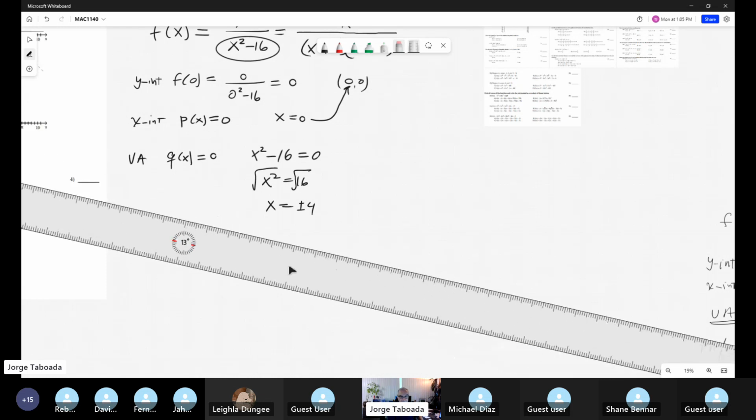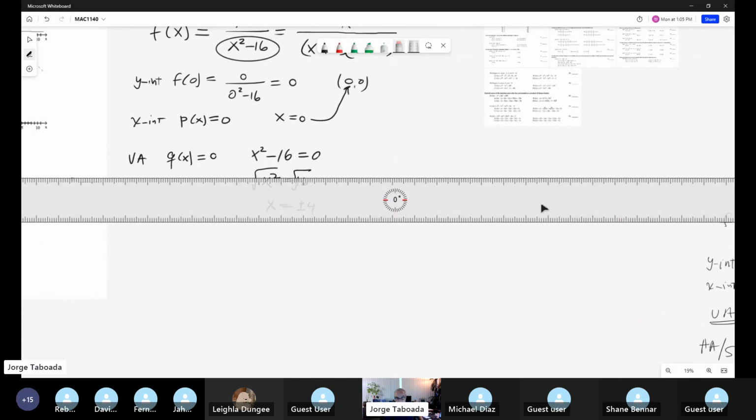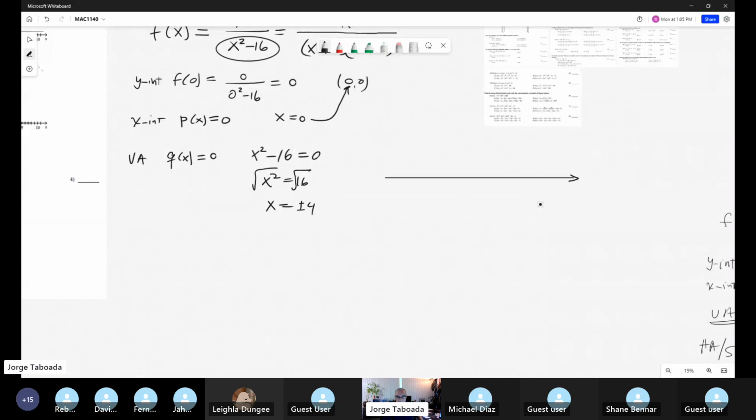Look, this is the x-axis, infinity positive, infinity negative. We determine 0, which is the x-intercept, and positive 4 and negative 4. We have two vertical asymptotes: vertical asymptote number 1 and vertical asymptote number 2.